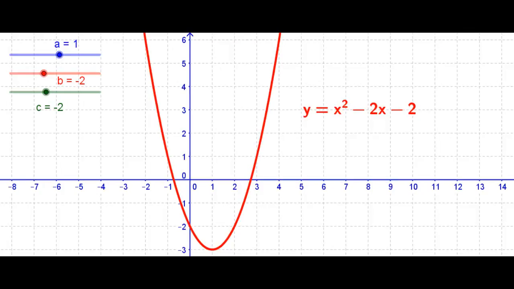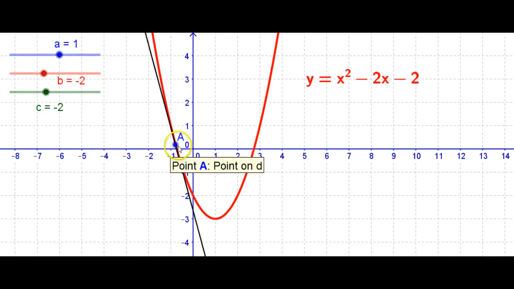For a curve like this, can we get a constant gradient? When I pick any 2 points on this curve, will I get the same gradient? The answer is no, because the gradient at this point will not be the gradient at this point. And we can prove that.